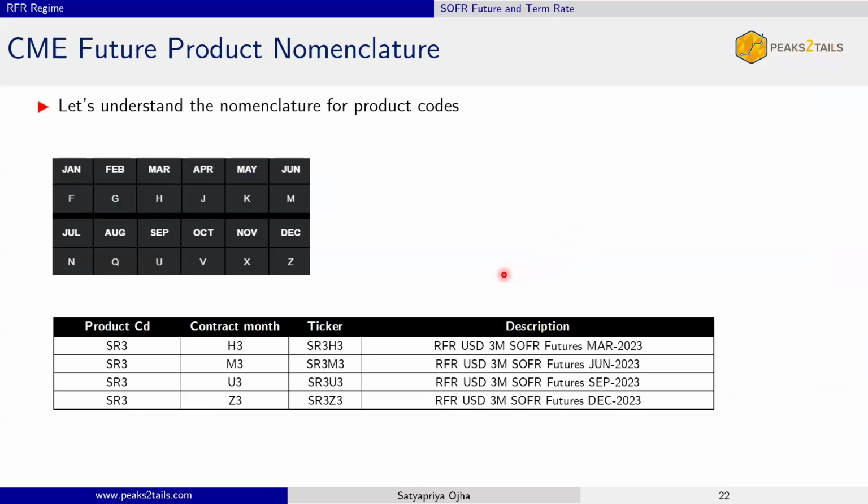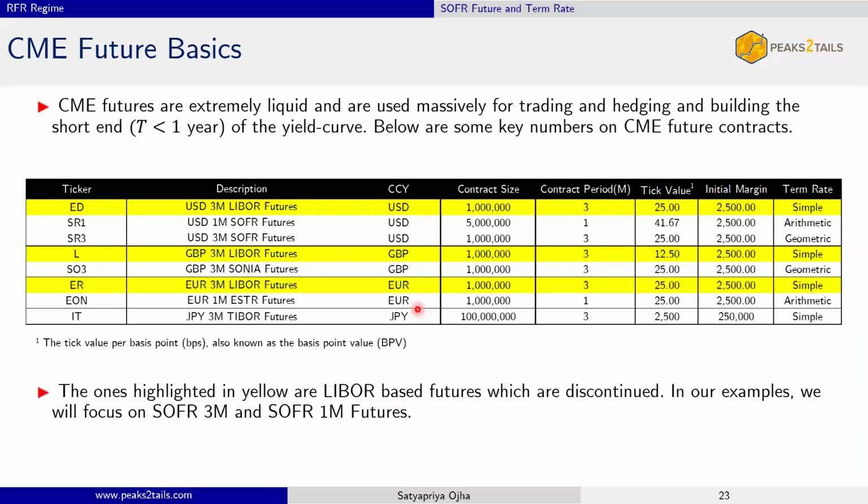All right, now let's talk about some of the valuation. As I mentioned, earlier we used to have eurodollar futures, which were USD 3 month LIBOR futures because the futures reference the LIBOR rate. All these yellow ones refer to LIBOR. So that is now extinct. Now we have SOFR based futures. We'll talk about SR1 and SR3. We have contract size and contract month period. So 1 month future is for 1 month, 3 month future is for 3 months.